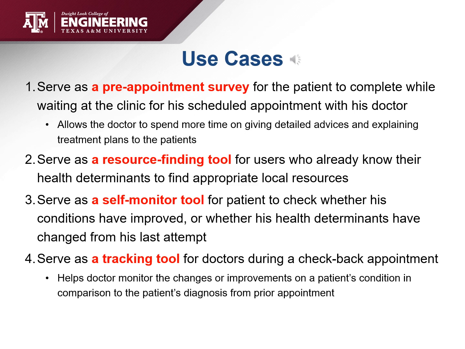In this way, the doctor can quickly learn the background and conditions of the patient at the very beginning of the treatment session through viewing the patient's survey feedback, which could save a lot of time during a time-limited appointment, allowing the doctor to spend more time on giving detailed advices and explaining the treatment plans to the patients. It can also serve as a resource finding tool for users who already know their health determinants to find the appropriate local resources.